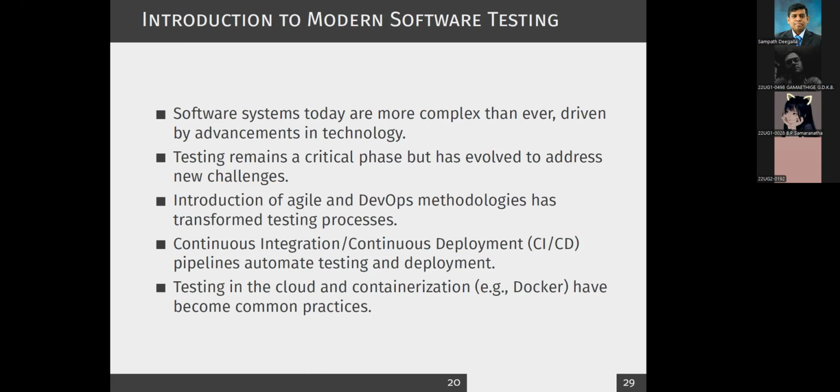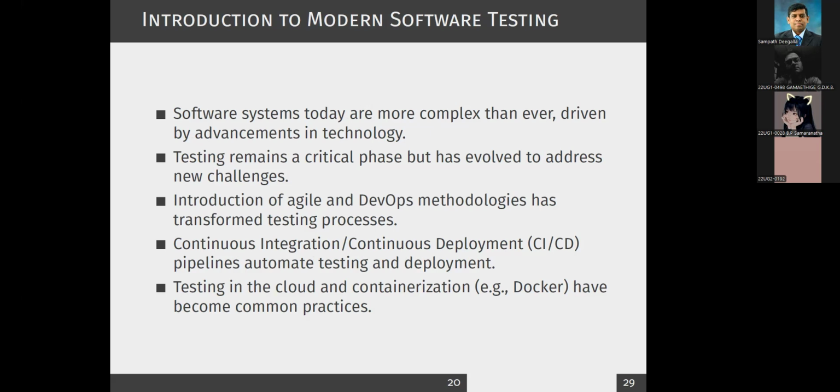Now that we have discussed the development aspect of this, let's discuss the testing aspect. So we discussed what happens initially, then the development, then the testing. Now, over the years, software has become very, very complex compared to 10, 20 years back.